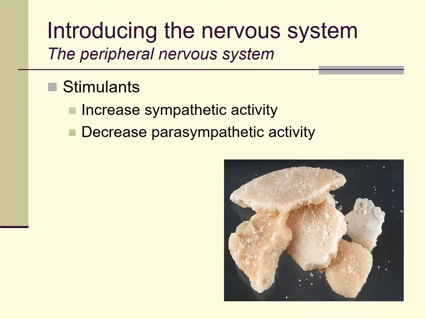They'll tend to increase heart rate, decrease salivation, decrease digestive activity, dilate pupils, etc. We can group them as stimulants, and characterize their effect in the periphery as primarily a sympathetic activation versus parasympathetic.